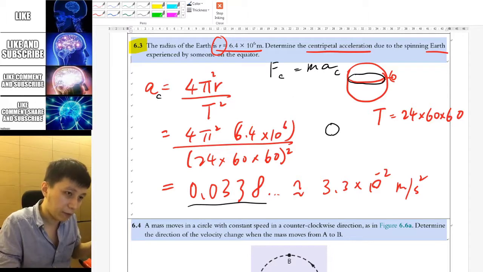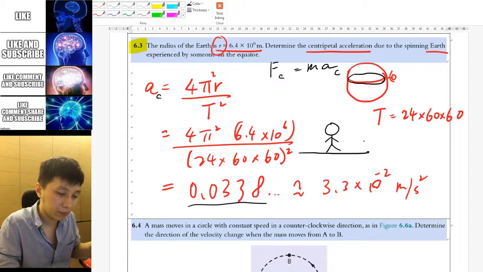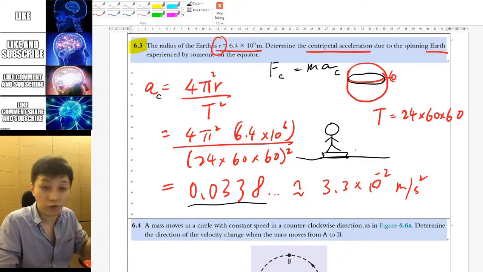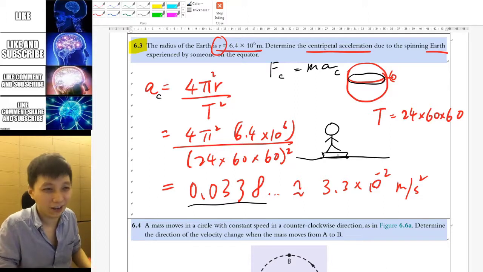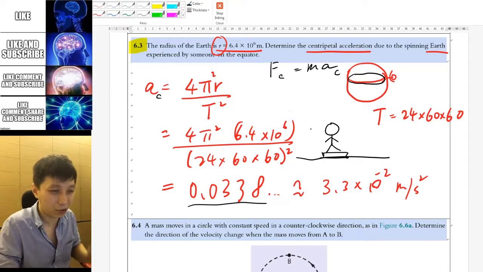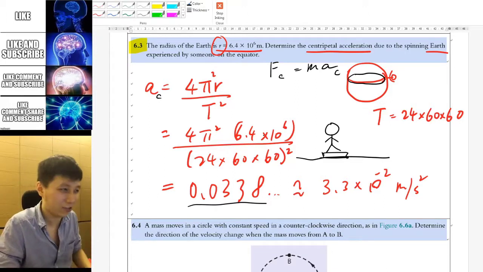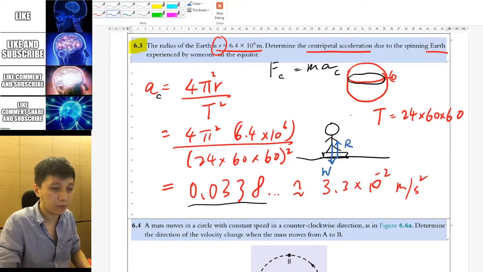However, if you think about the free body diagram, and let's say you are on an electronic balance, like the previous topic when we learned about mechanics, right? There's always a balance in a physics equation, isn't there? So we will have two forces, which are weight and also the reaction force.